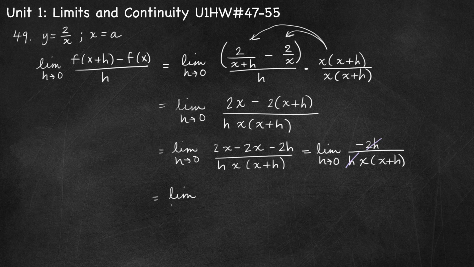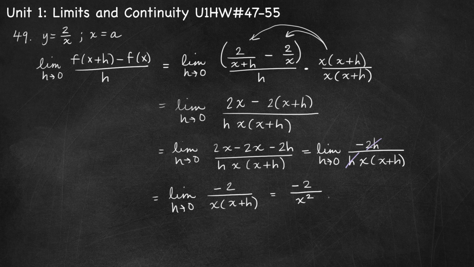So I have the limit as h approaches 0 of negative 2 over x times x plus h. And now I can find this limit using substitution. When I substitute 0 in for h, I get negative 2 over x times x, or x squared. So notice this is the step where I substituted the 0 in for the h, so I dropped the limit.